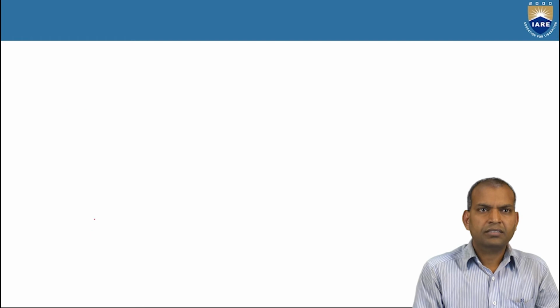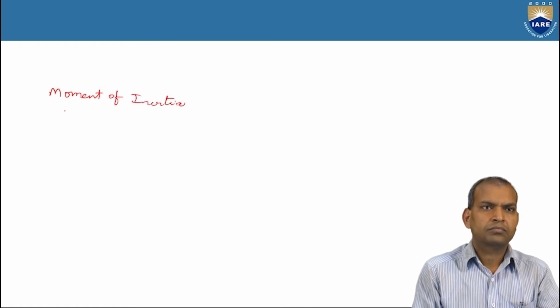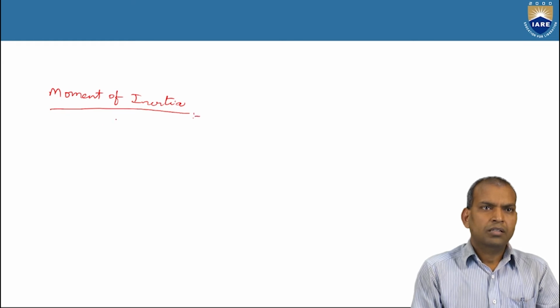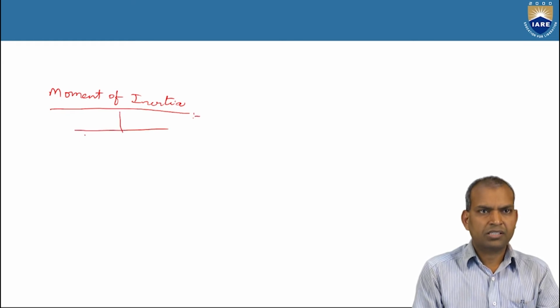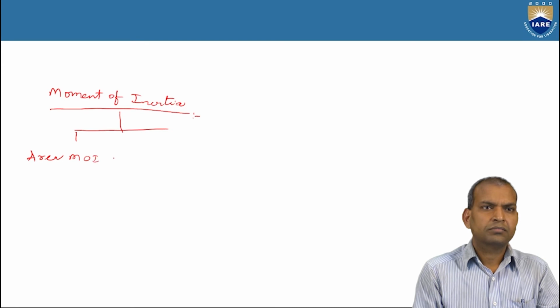Let us discuss when to use mass moment of inertia and area moment of inertia. There are two types of moment of inertia. Number one, based on area or geometry related. The other is based on volume, that is mass moment of inertia.